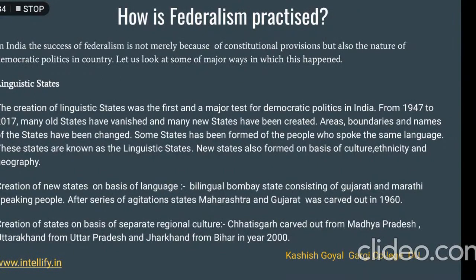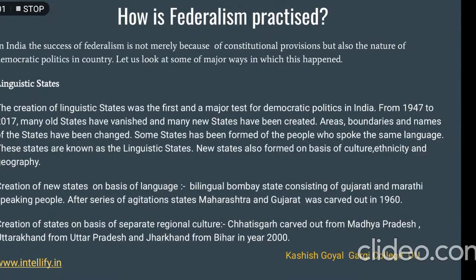So the first key point is linguistic states. As the word linguistic suggests, it means language. Since our independence, the people had this urge in their mind that they want a state where they can have their own language, where people speak the common language. They share the same religion, same culture.